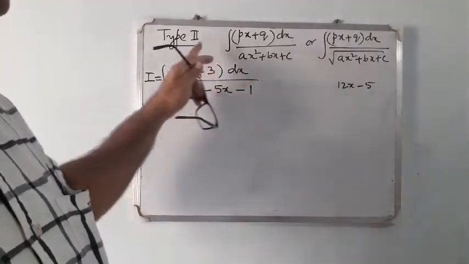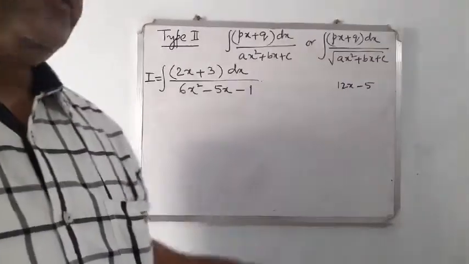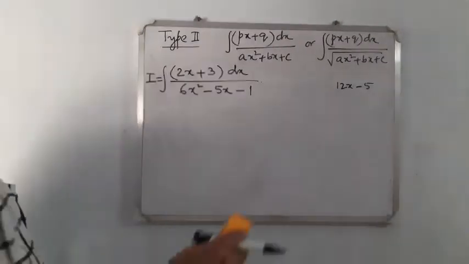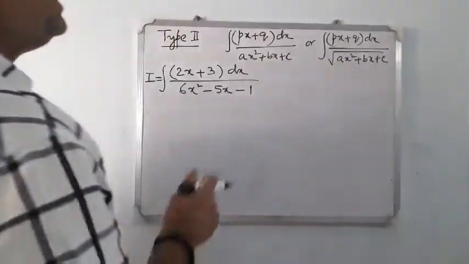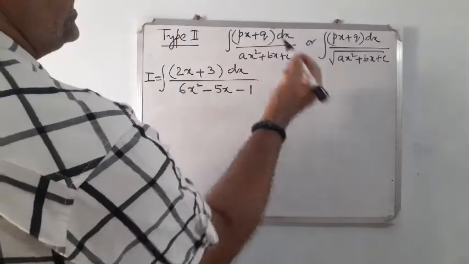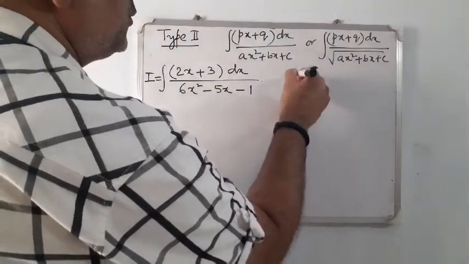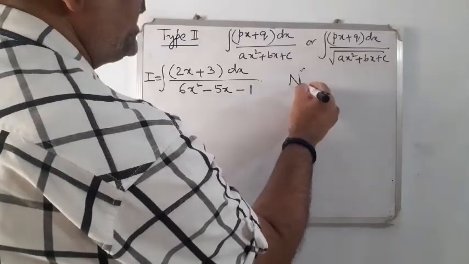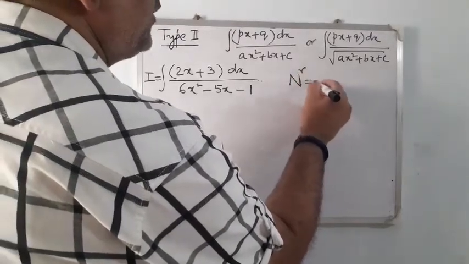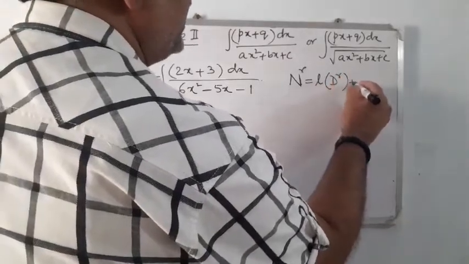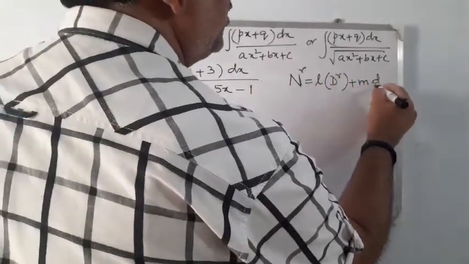Now, to solve such types, we have to express always the numerator as: numerator = L into denominator plus m into d/dx of denominator.